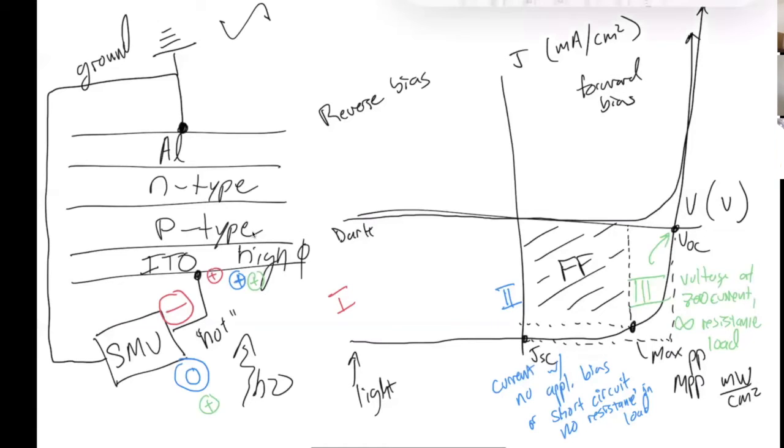Let's look at one more regime here. We'll make it yellow, and that'll be regime 4. And at regime 4, we have a very high energy positive charge. And again, we have a little positive charge here. Now, this positive charge here from the source measure unit overwhelms the positive charge coming out of the device. And then when this positive charge sees the p-type material, it kind of overruns the defenses here.